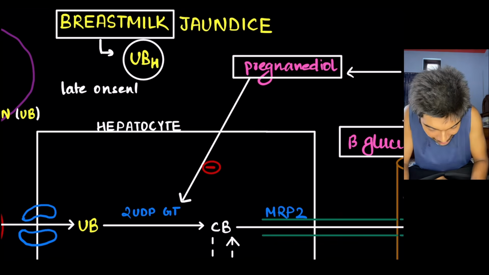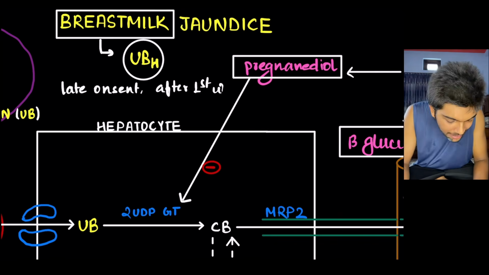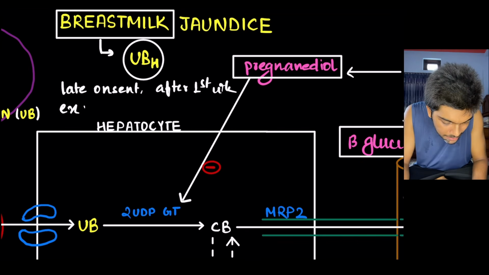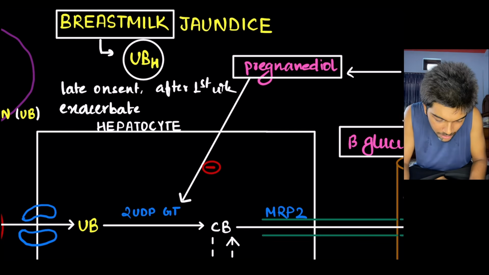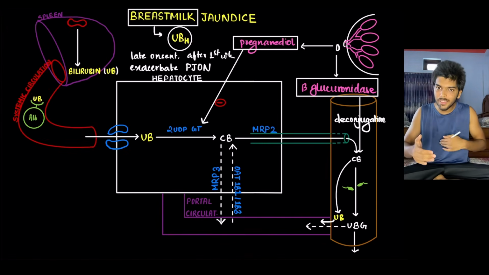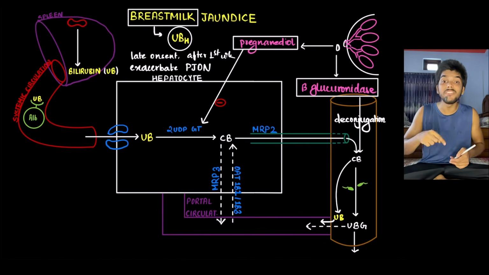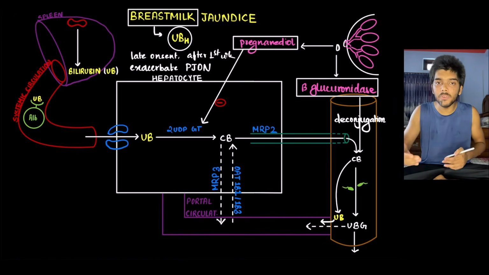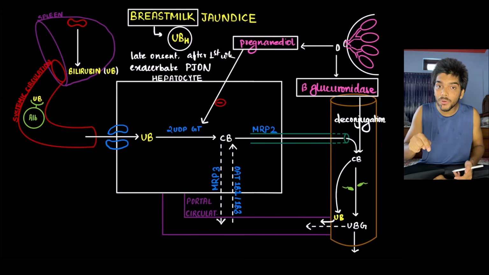It is usually after the first week, and it can exacerbate physiologic jaundice of newborn. Got it? Within the first week, if no breast milk, breastfeeding jaundice. After the first week, breast milk can lead to breast milk jaundice and worsen the physiologic jaundice of newborn.